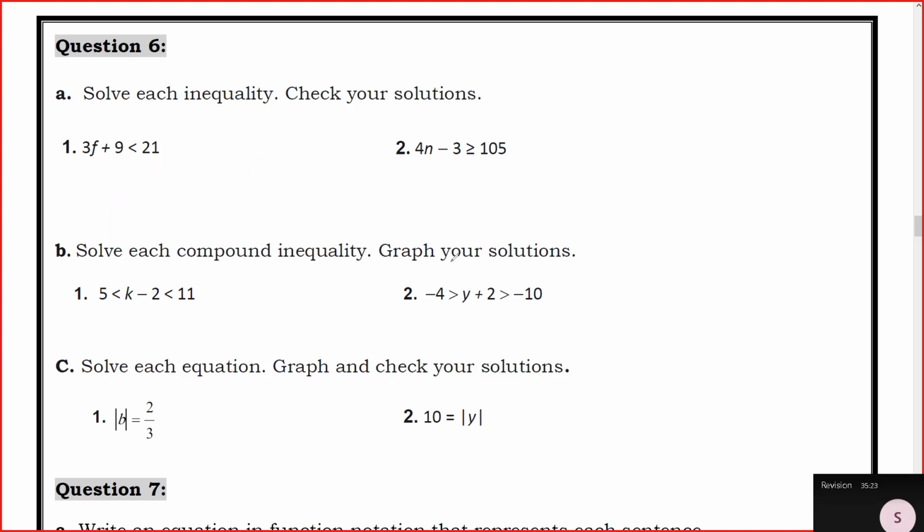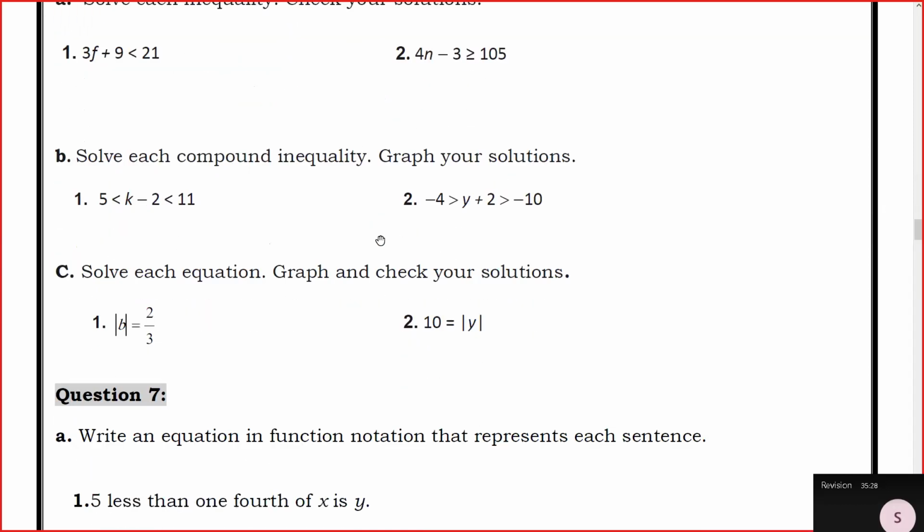Okay. Now, in B here, we have a compound inequality. So the first step, I will look at the variable. The number 2 is subtracted from the variable.